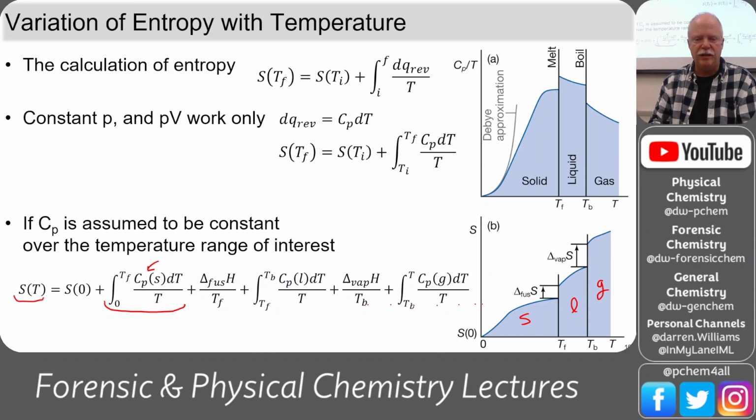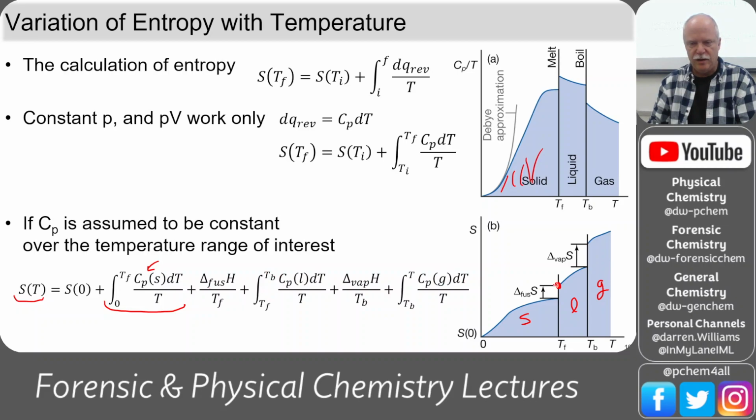And so you would basically integrate this area here, and you would calculate the entropy. Then when you hit that melting point, you have the enthalpy of melting or fusion over that temperature, and so then you would calculate that value.